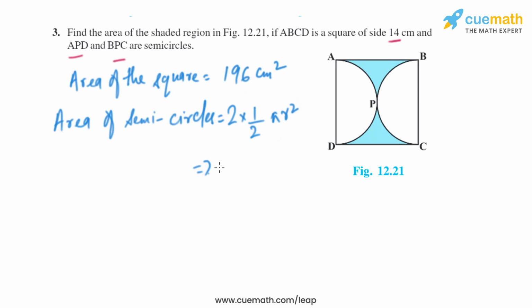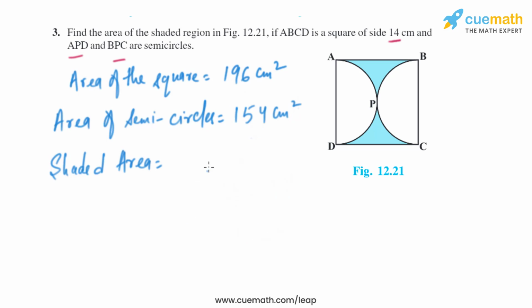If we solve it, we'll get basically pi r square, and pi is 22 divided by 7. We'll take the radius as 14 by 2, since 14 is the diameter, which is 7, so r square is 7 square. So we'll get the area of both the semicircles as 154 square centimeter.